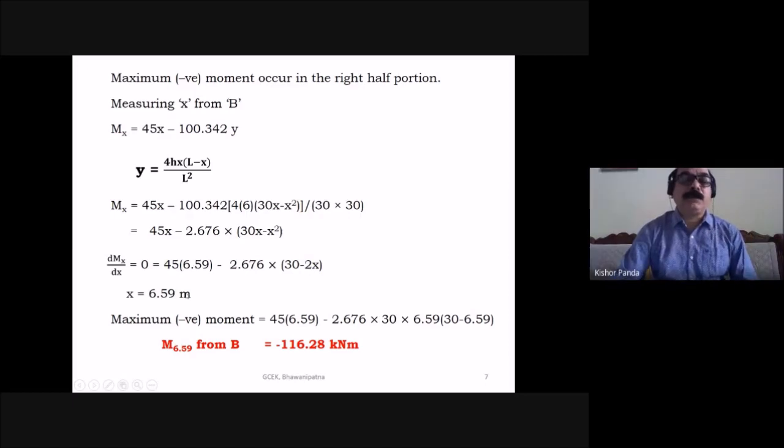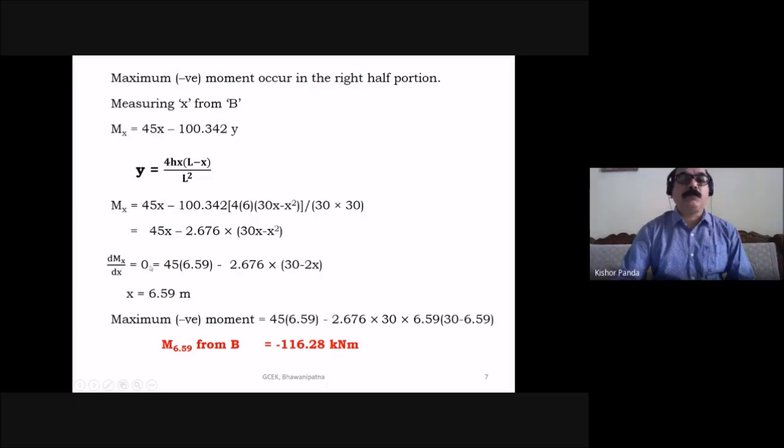Where you get the maximum negative bending moment, you don't know. So what you have to do is take the differentiation of this moment with respect to x and equate it to 0. At that position you will get the maximum negative bending moment. Here you got the equation Mx, so take dMx by dx equal to 0.